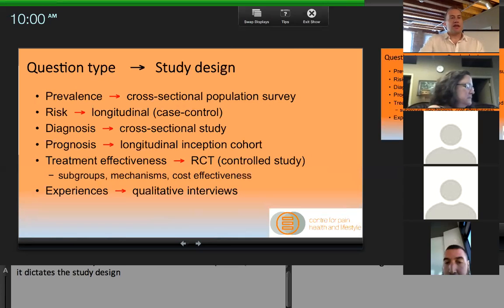So again, it's really important to understand the type of question that you have. If you don't understand the type of question it is, you don't know what study you should be looking for. So how you formulate and understand a question is fundamental to evidence-based practice, because without that understanding, you can't know what sort of study you should be looking for.